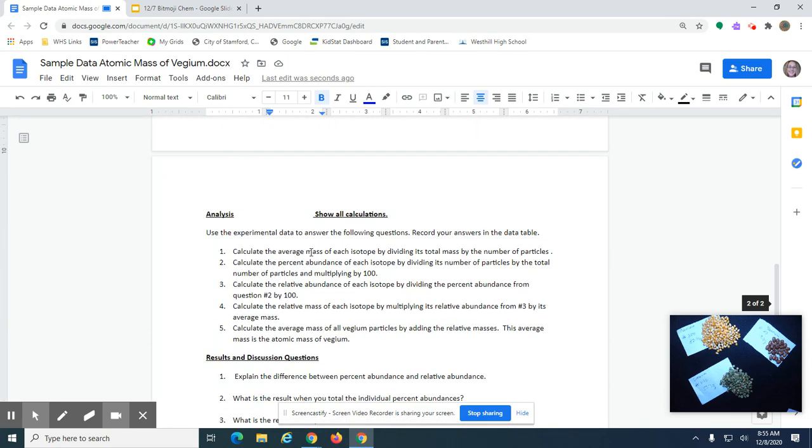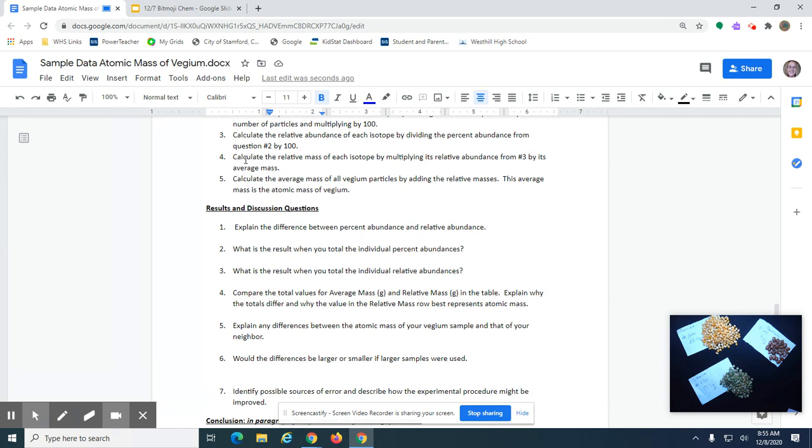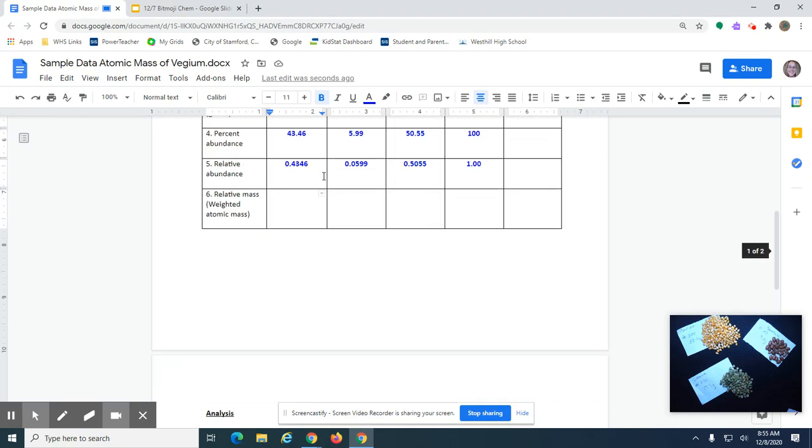And then it says calculate the relative mass of each isotope by multiplying its relative abundance from number 3 by its average mass.